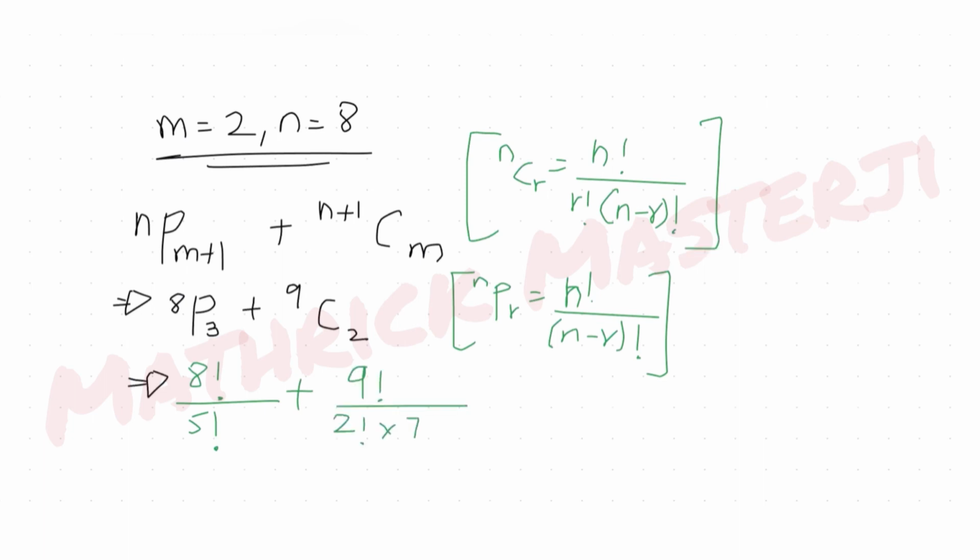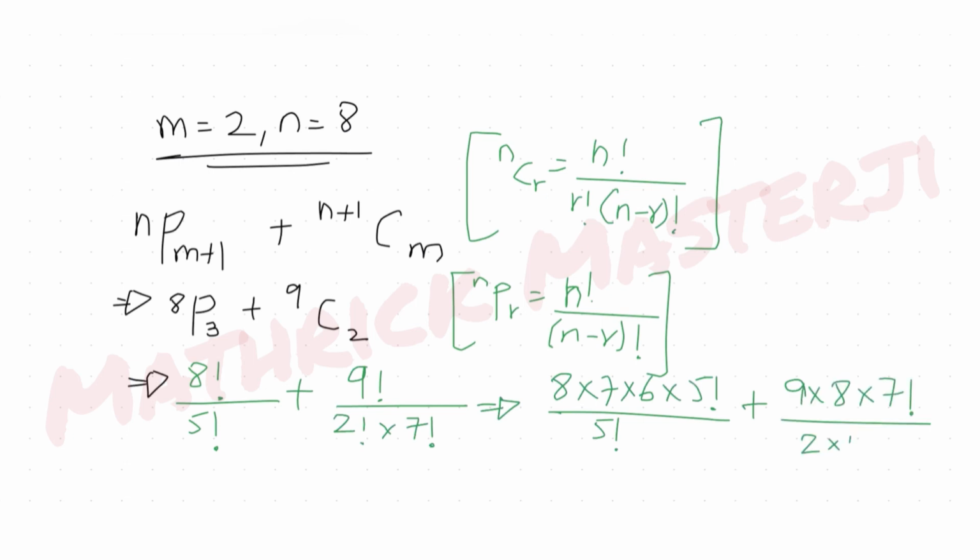If I further try to solve it, I get 8 into 7 into 6 into 5 factorial divided by 5 factorial, plus 9 into 8 into 7 factorial divided by 2 into 1 into 7 factorial. So this 7 factorial gets cancelled, and this 5 factorial gets cancelled. Further, I get 56 into 6 plus the other part, which gives me 9 into 4, which is 36.